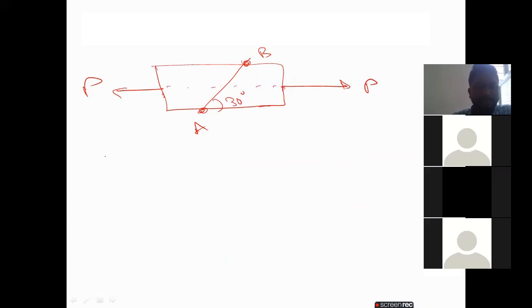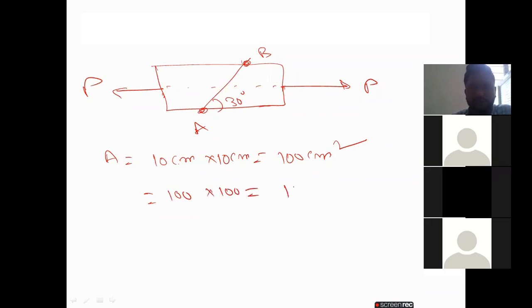Coming to the solution, the area of the cross section is 10 centimeters into 10 centimeters, which gives 100 centimeters squared. Converting into mm, 1 centimeter equals 10 mm, so 100 into 100, total 10,000 mm².